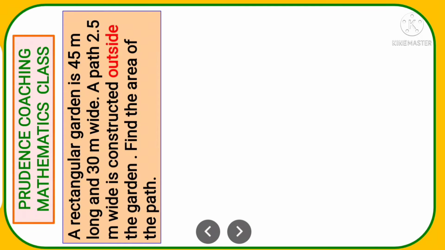A rectangular garden is 45 meter long and 30 meter wide. A path 2.5 meter wide is constructed outside the garden. Find the area of the path.